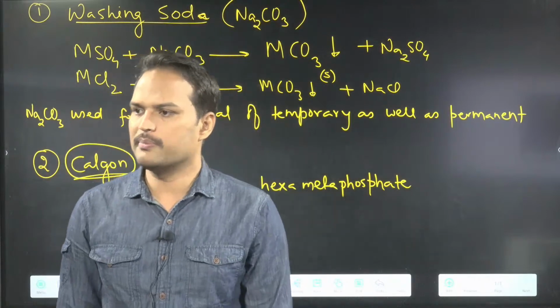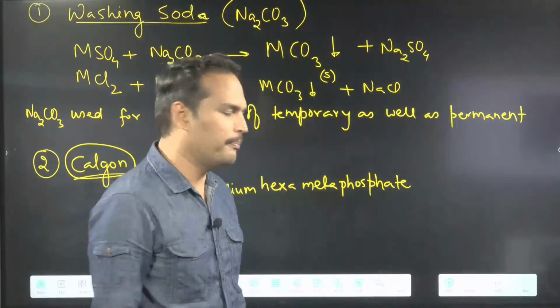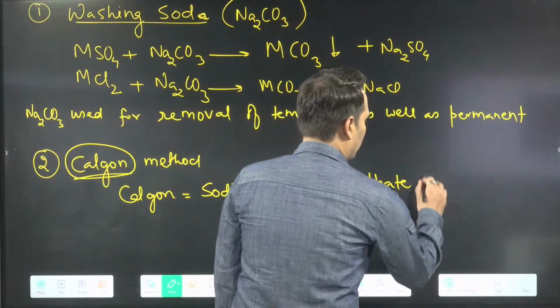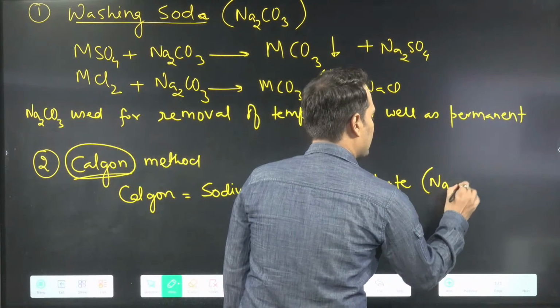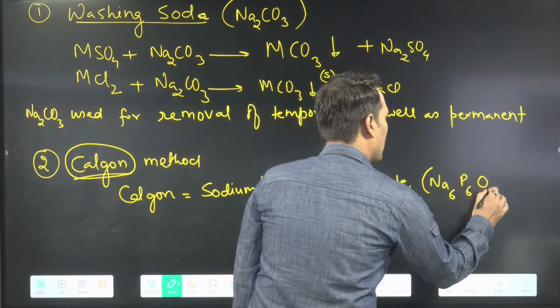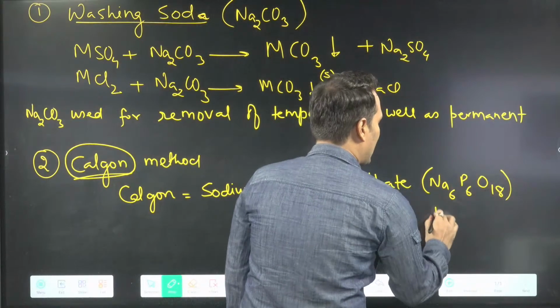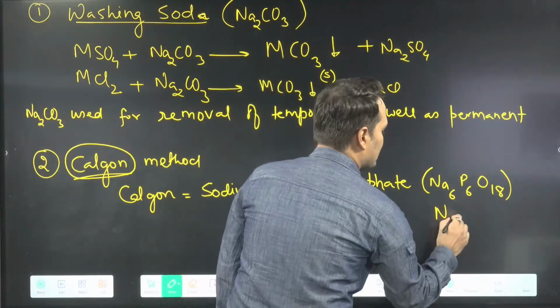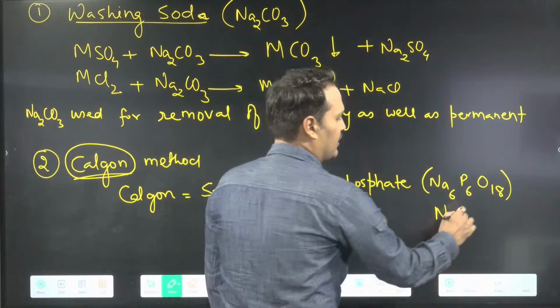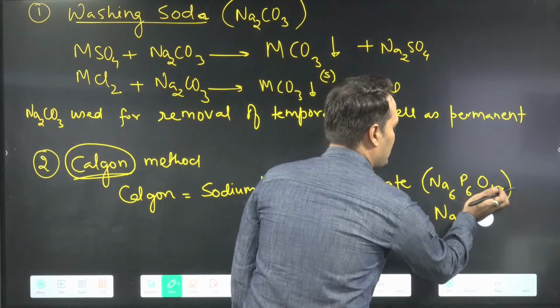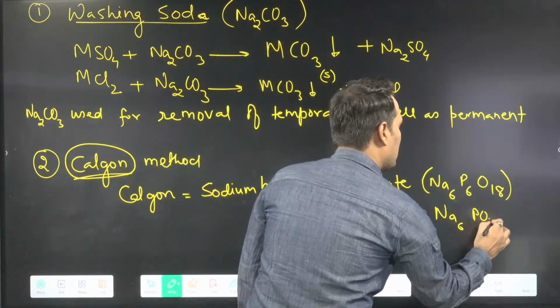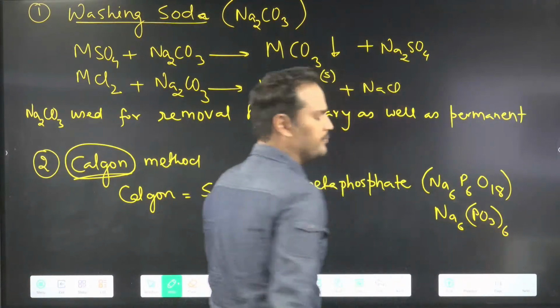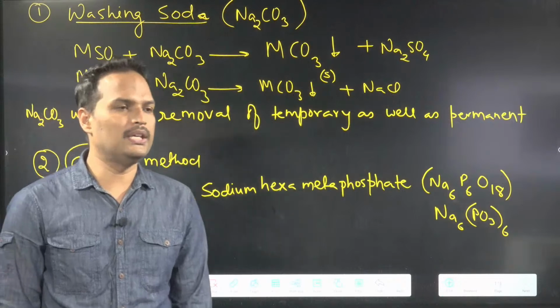HPO3. What is metaphosphate? HPO3. So the formula is like this: Na6P6O18. This can also be written as, everyone look here, Na6 metaphosphate, (PO3) 6 times.